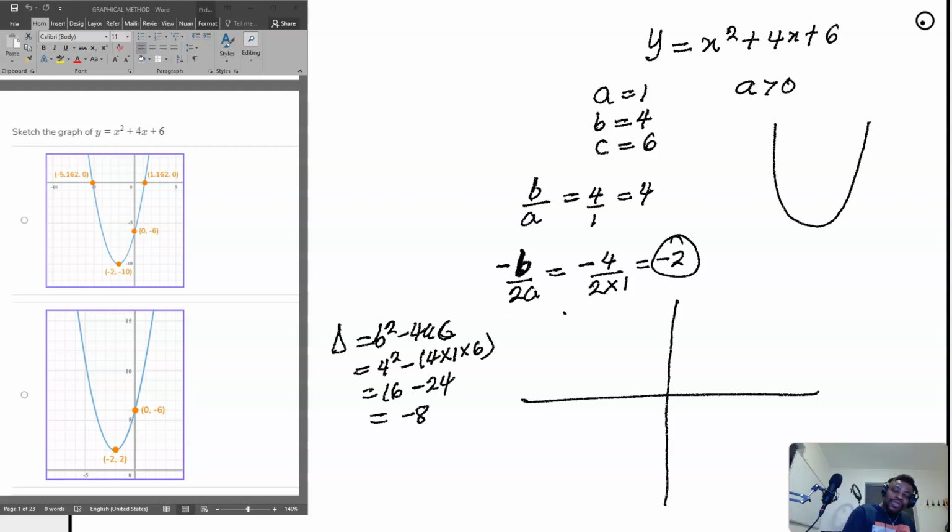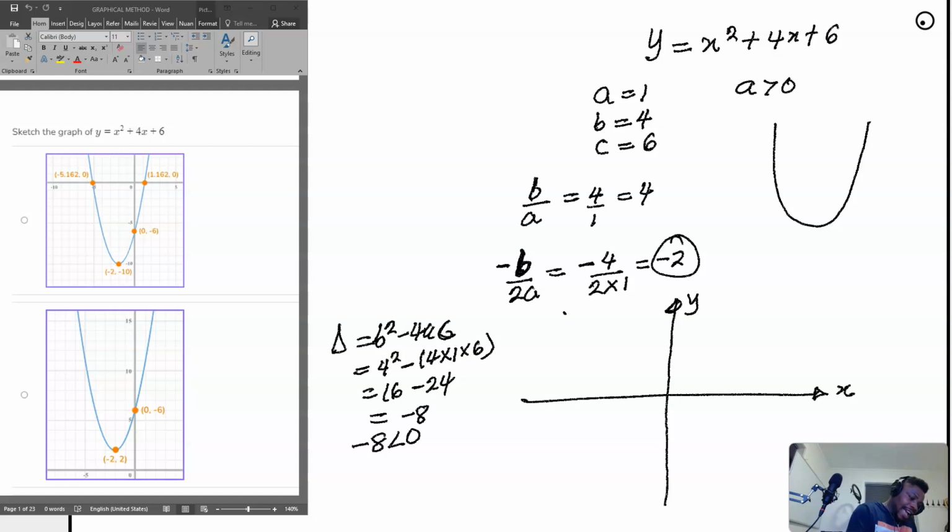Remember, when your discriminant is less than 0, it simply means that the root of that equation is complex. It is not real, which simply means that the curve will not cut the x-axis. So we already know our curve is not going to cut the x-axis.